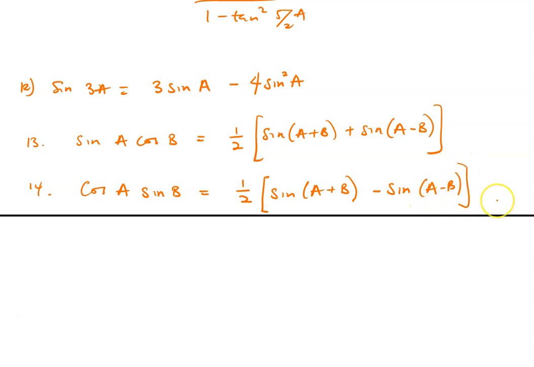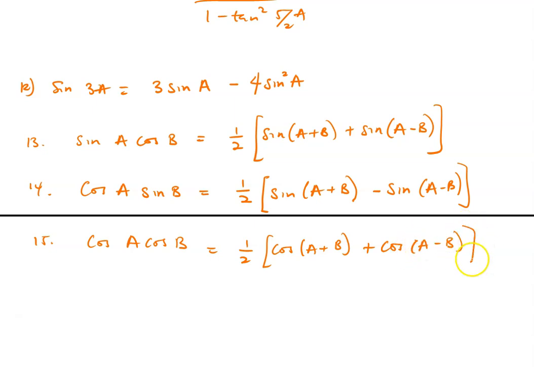Do you get it? Then if I have cos a cos b, that is 15, it's simply going to be half cos a plus b plus cos a minus b. So you need to reflect on all these proofs.